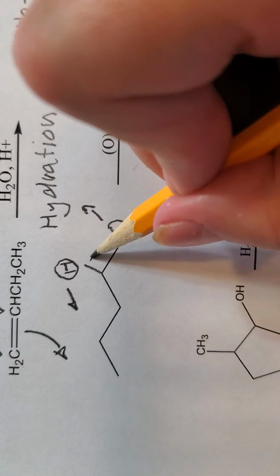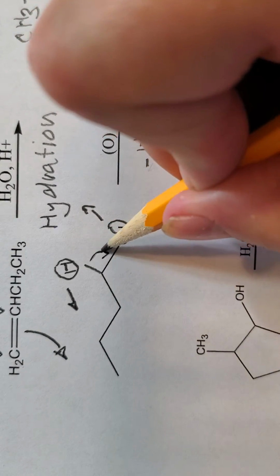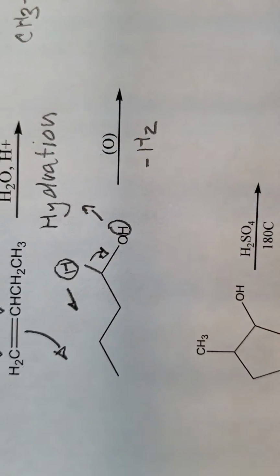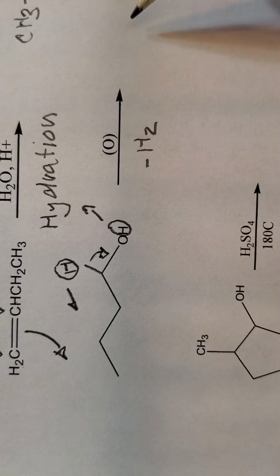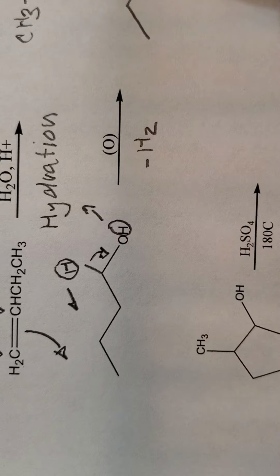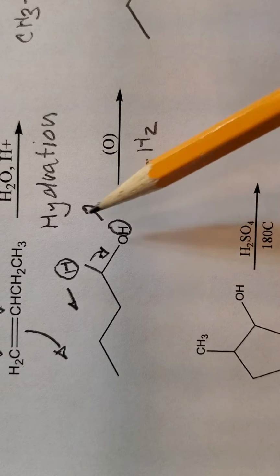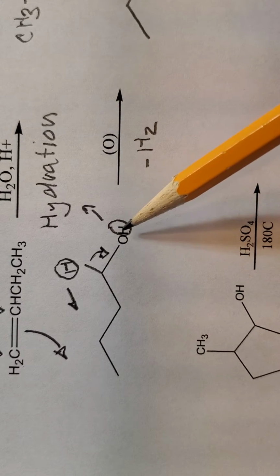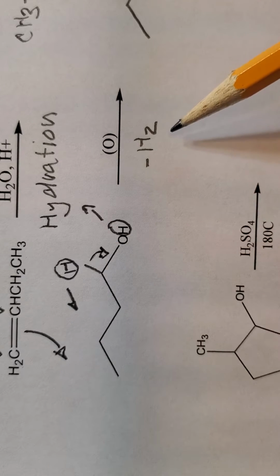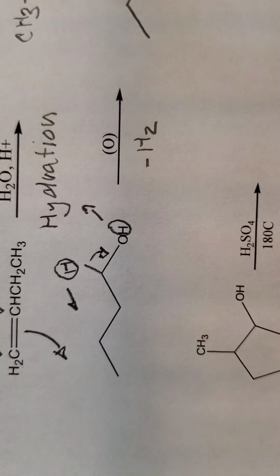And its bond is going to go there. That bond is going to go there. So that's going to be 2, 3, 4. So we add water. Sorry, it's an oxidation, so we're going to get rid of 2 hydrogens. And this is the product.